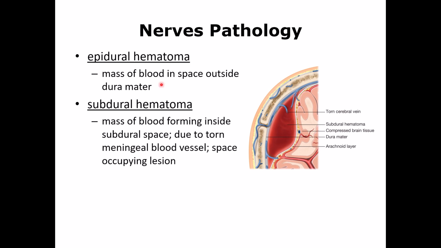Epidural is more serious than subdural because in epidural, arteries are damaged, and in subdural, veins are damaged. So it will be a mass around this area. There's also another one called subarachnoid, where the accumulation of blood will be around this area. Depending on the type, the blood accumulates in different parts of the meninges.